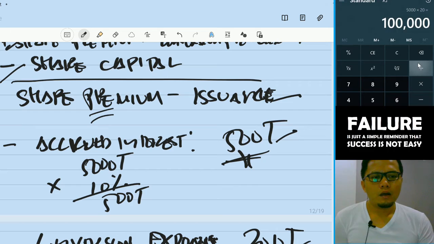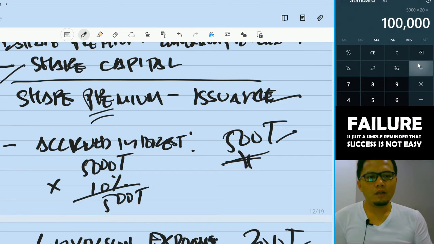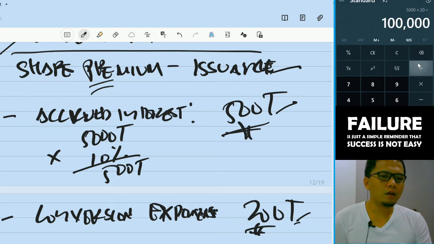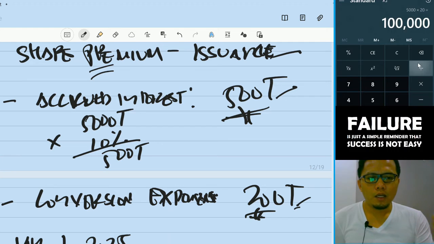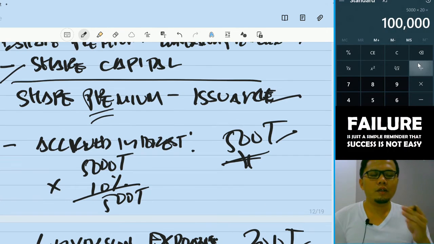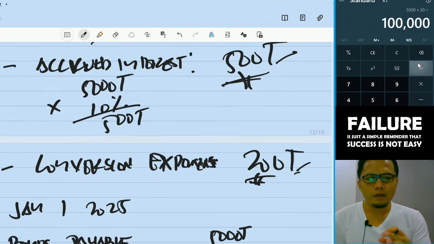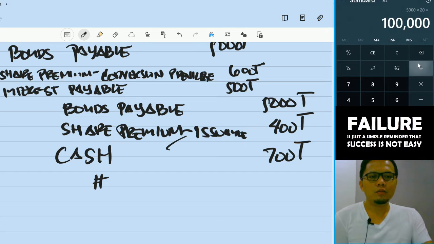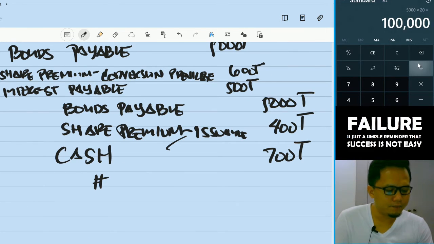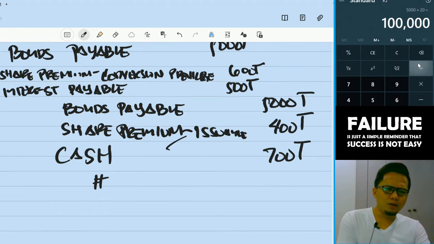After, if there are accrued interest, debit interest payable, credit cash. If there are any conversion expenses, we will pay it with cash, but we will not record any conversion expense, but rather charge it to share premium issuance. So, easy, right? That is for conversion.